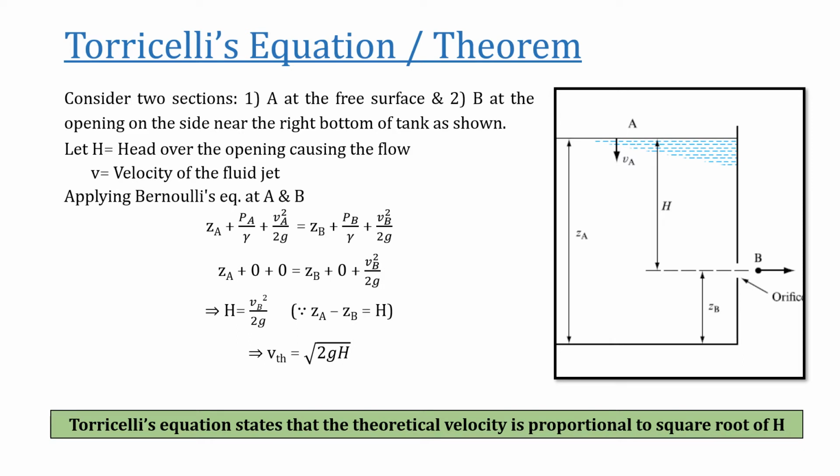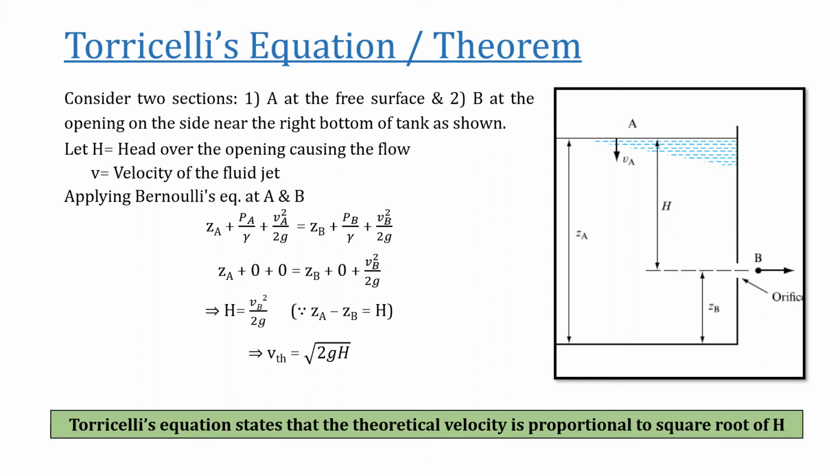Now consider the point B. The distance from the same datum to point B is ZB, and as it is open to atmosphere, PB over gamma is 0, and VB is the velocity of this jet, so VB squared over 2g.